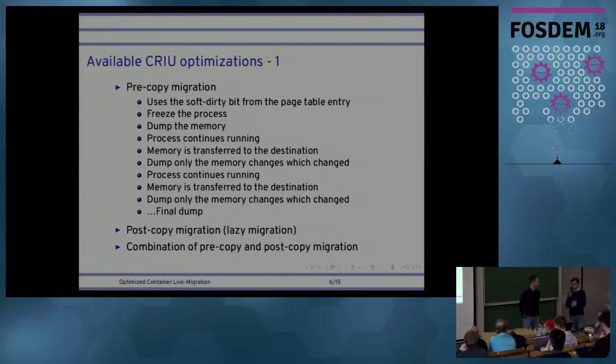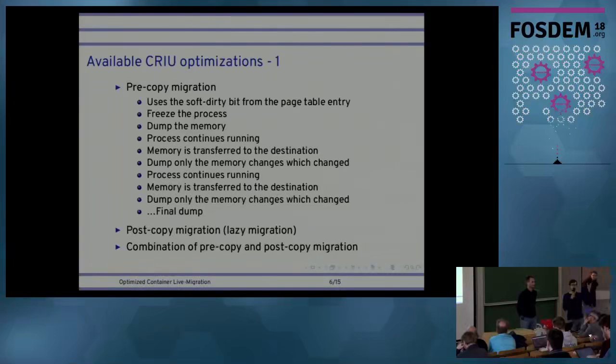Pre-copy is essentially a way to optimize this process, at least for the volatile state of a given process. The implementation uses the soft-dirty bit from the page table entry. Every time a process writes to virtual memory, the kernel will set the soft-dirty bit in the page table entry, at which point you know the memory of this page has changed.